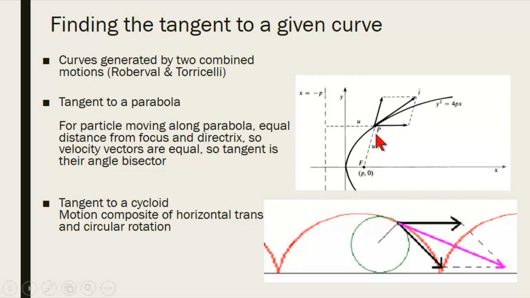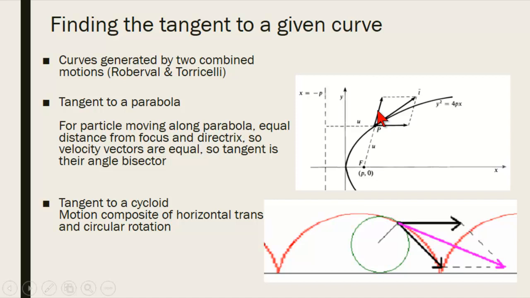Well, the thing about a parabola is that at any point, its distance from the directrix and its distance from the focus are the same number. And so as this point moves along the parabola, the velocity vector in the direction perpendicular to the directrix and the velocity vector in the direction coming from the focus to that point have to be of the same magnitude.